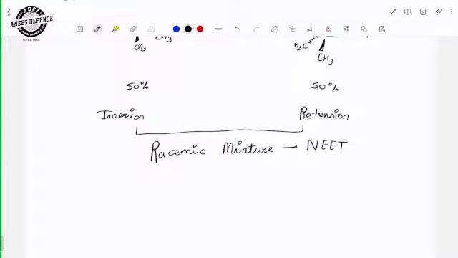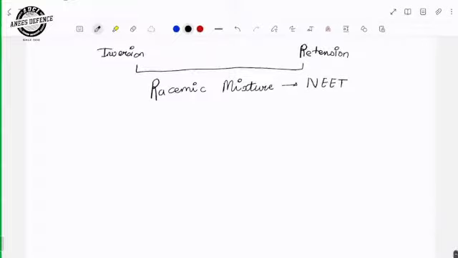Okay. Now let us continue with the chapter. The next part of this chapter is elimination reaction.